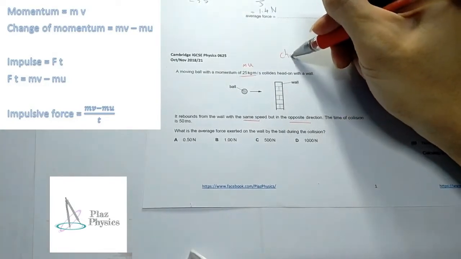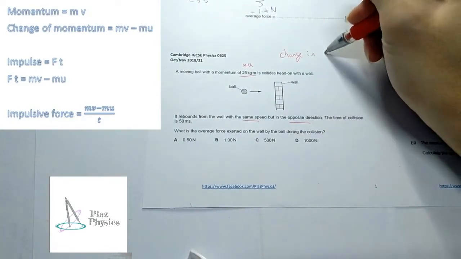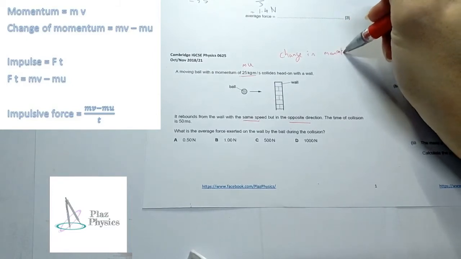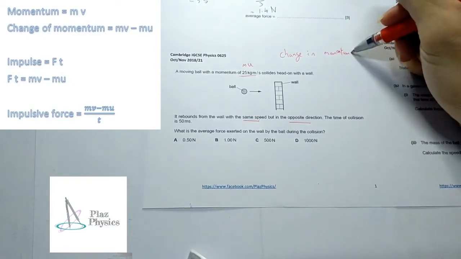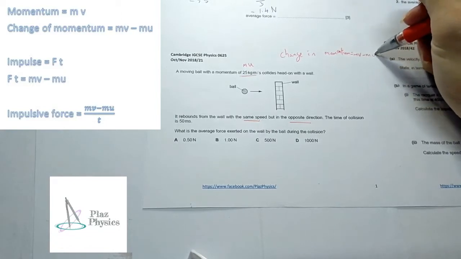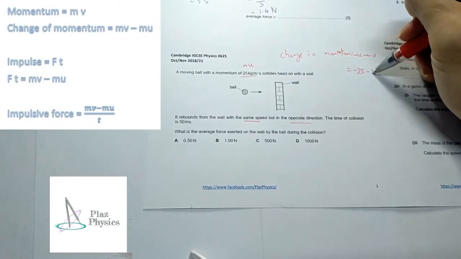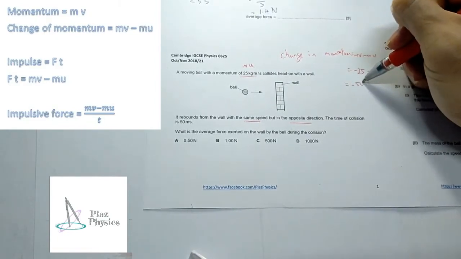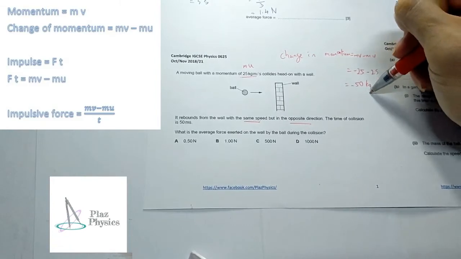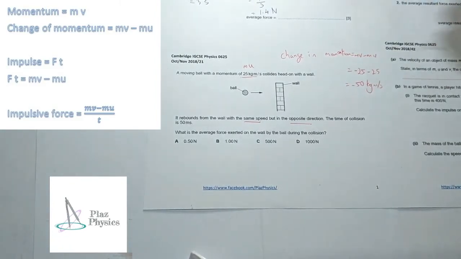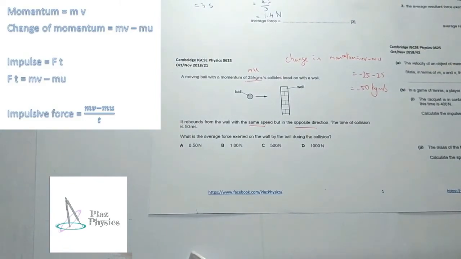So we need the change in momentum, which will be mv minus mu. So mv is in the opposite direction, so negative 35 minus 35. So negative 50 kg meter per second. This one you must remember, be careful of the direction.